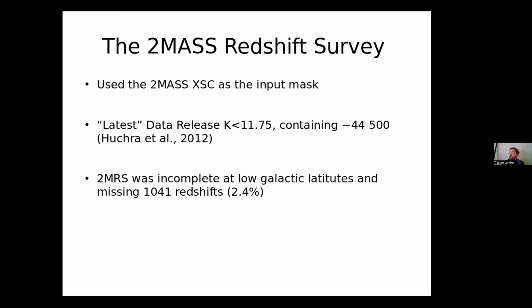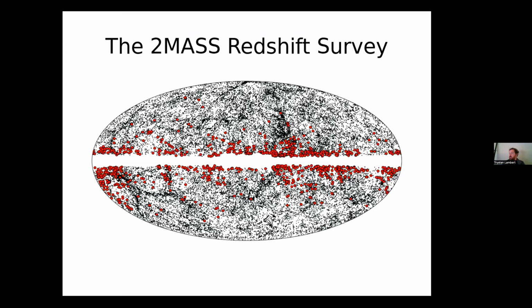There were 1,041 redshifts missing, so about 2.4% of these galaxies didn't have redshifts. And if you look at the distribution of where these are, not surprisingly, they align along the Milky Way plane. Again, this is an Aitoff projection. Of course, the majority of them lie along the Milky Way plane, in what's called the zone of avoidance.